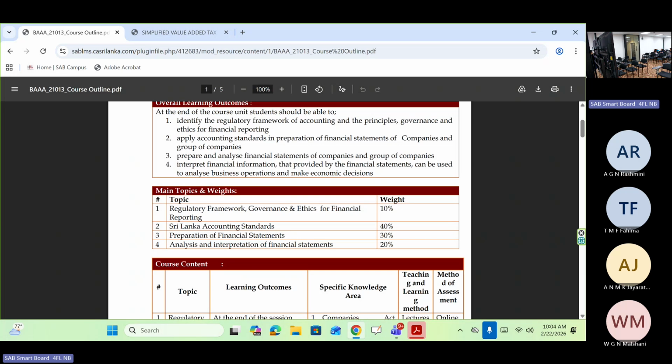Biological asset. Biological asset you know. Living animal or plant. Each and every living animal can be considered as a biological asset? Can't. Why? There should be a biological transformation.